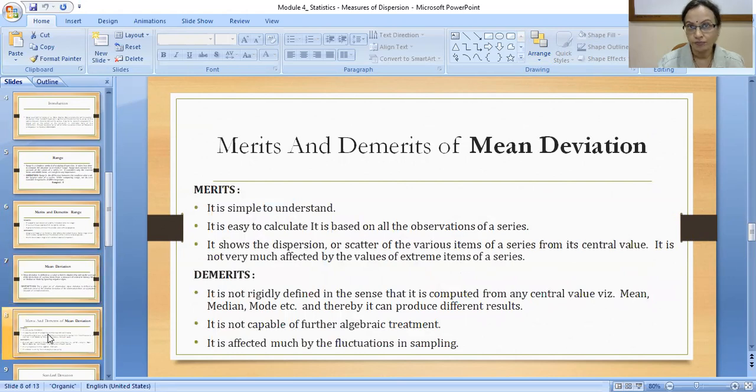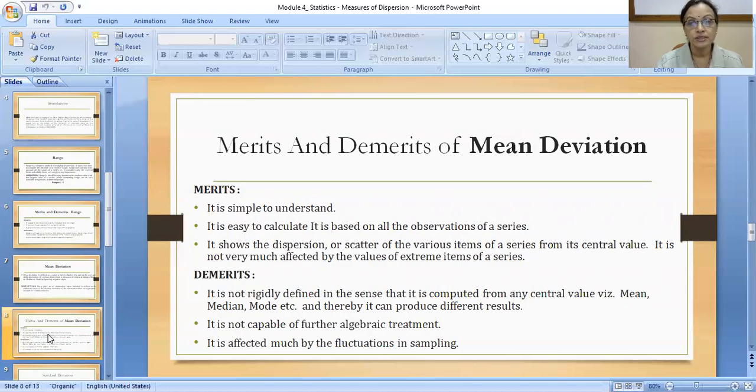Merits and demerits of mean deviation. Merits are: it is simple to understand, it is easy to calculate, and it is based on all the observations of a series. It shows the dispersion or scatter of the various items of a series from its central value. It is not very much affected by the values of extreme items of a series.